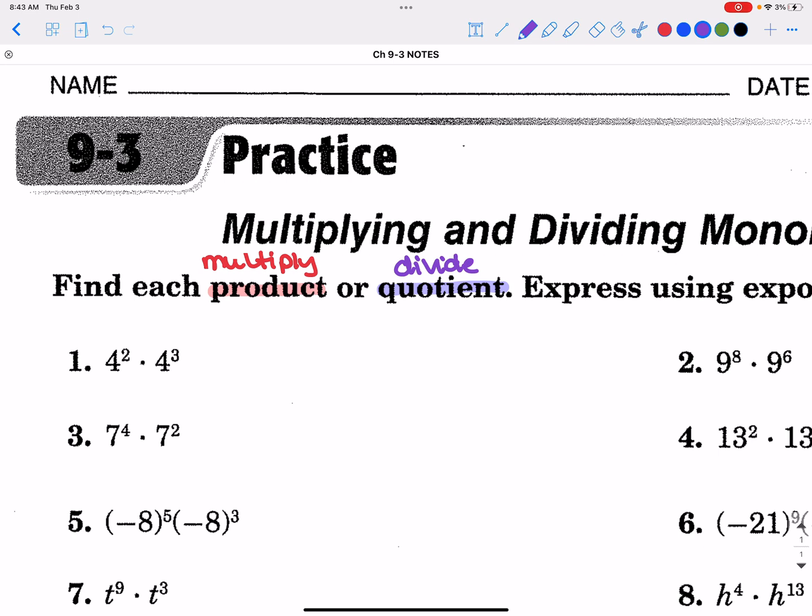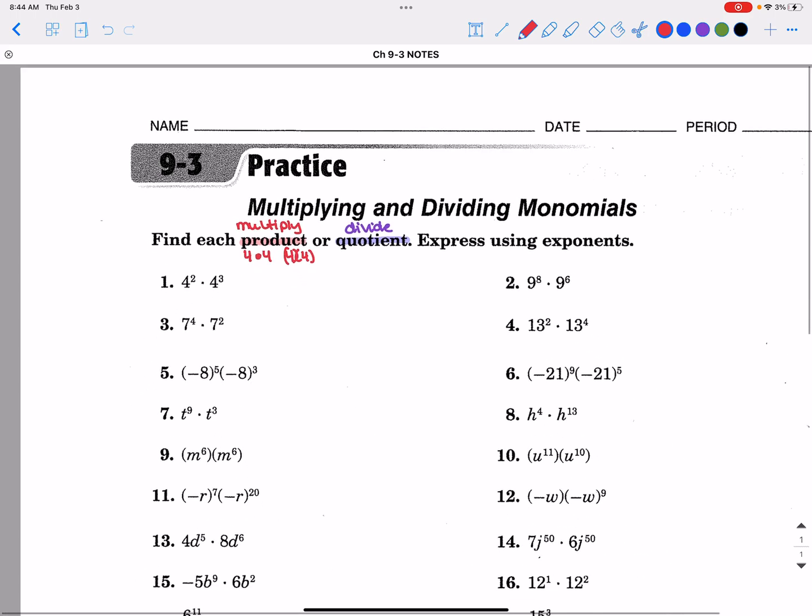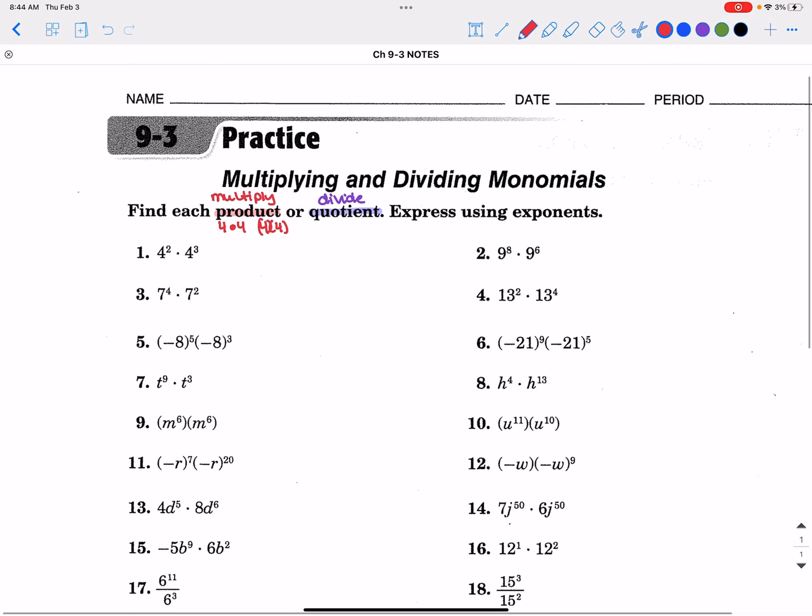Now, obviously, we know that a way to show product, a way to show multiplication, is just the dot. So if you have 4 times 4, we know that's multiplication. You can also write it 4 and 4 with parentheses, because anytime you have touching parentheses, that means multiplication. Looking at the work here, I think those are the only 2 ways we're going to see it.